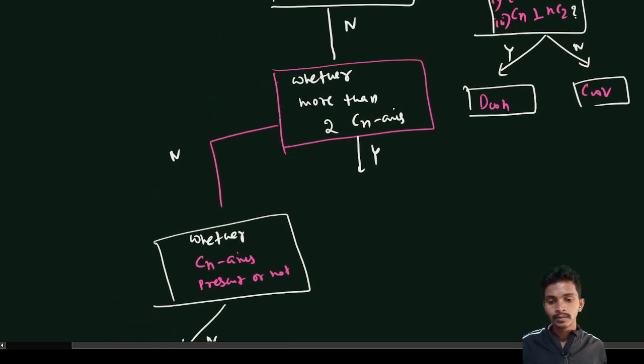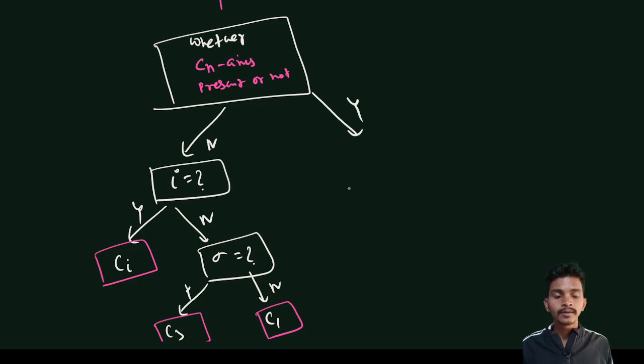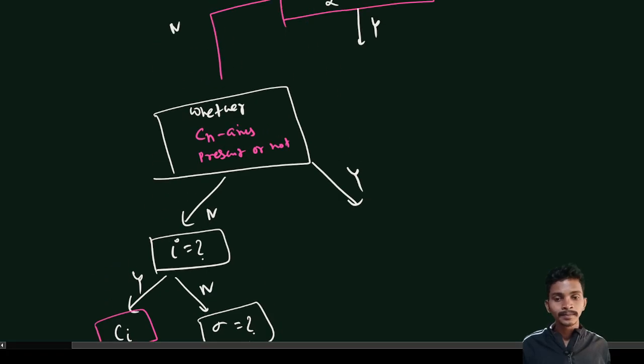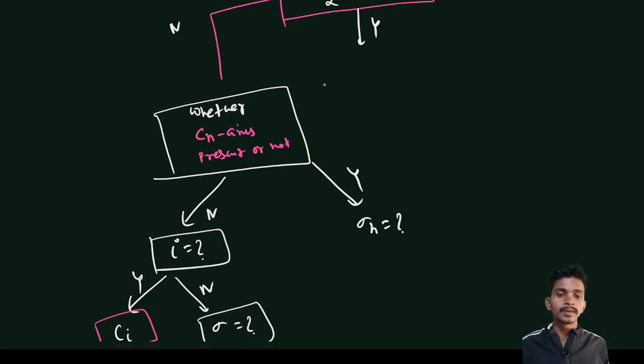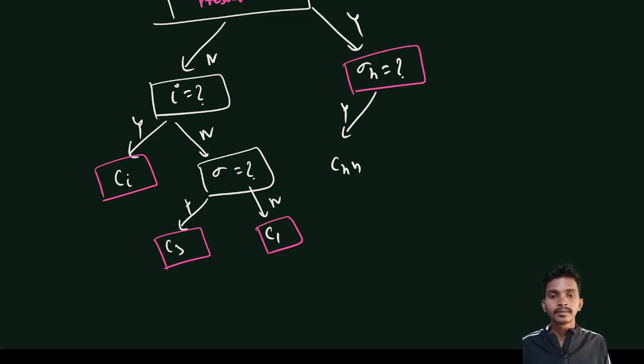And now it asks whether Cn is present or not. If Cn is present, yes, then we ask whether sigma h is present or not. If sigma h is present, then that is CnH.